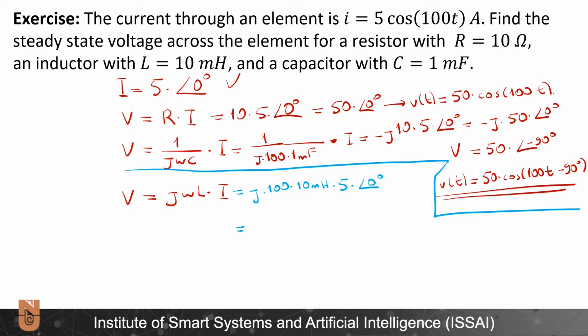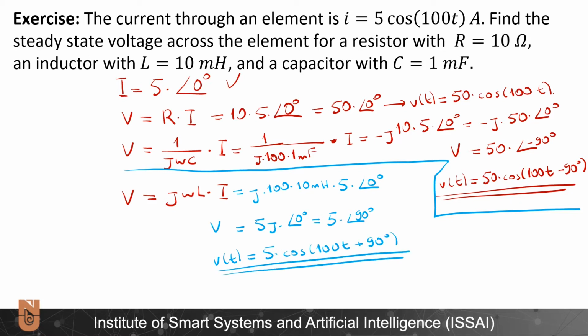This will be equal to 5j at 0 degrees. j is 90 degrees. Accordingly, this will be 5 times 90 degrees, and accordingly I can write v(t) for the L element as 5 times cosine 100t plus 90 degrees, and this way I conclude the solution of this problem.